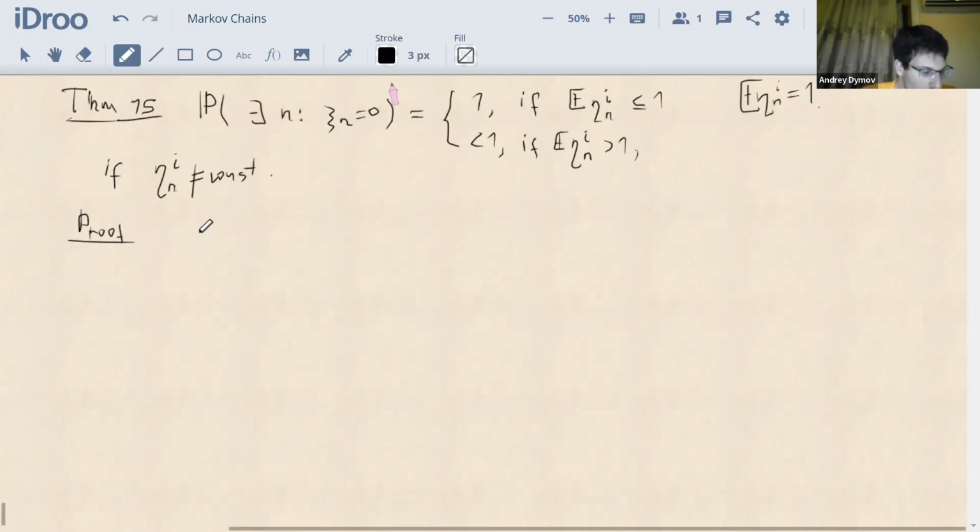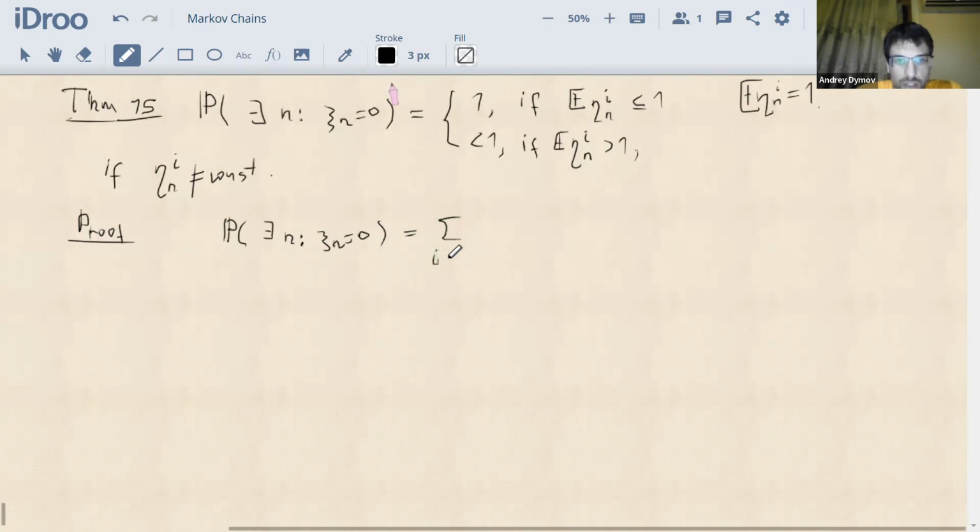So first let us note the following thing. Let me write the probability I am interested in the following form. I use the law of total probability, формулу полной вероятности.